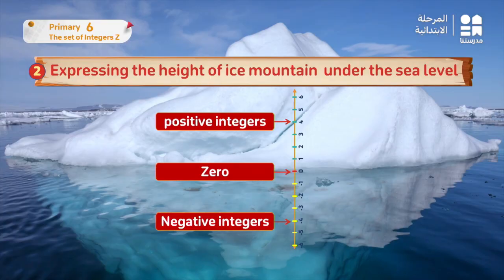So I can say it's under the sea level by -1, -2, and -3, and so on. So the positive integers are the numbers I can use above the sea level. The sea level I express by 0. And below the sea level, it will be the negative integers.